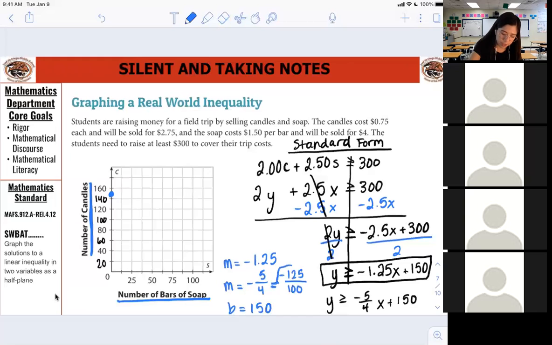Because now what are my directions? Go down 125 and to the right 100. So if I'm starting at 150 and I need to go down 125, where do I end up? My directions are go down 125 units. But I'm at 150 right now.